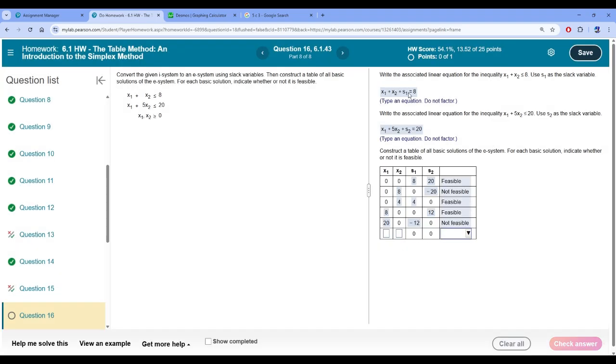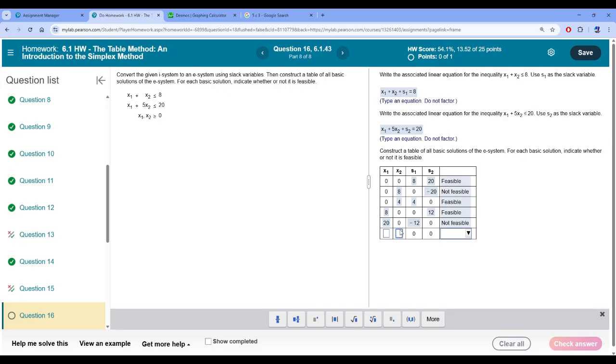Last but not least, if S1 and X2 are both 0, I think this is negative 5. Oh, wait. I have x1 plus x2 is equal to 8. x1 plus 5x2 is equal to 20.